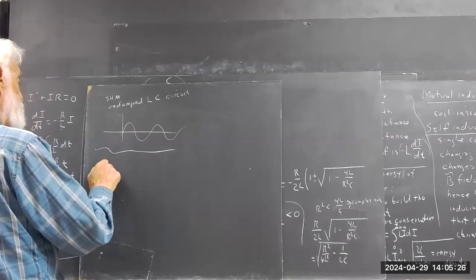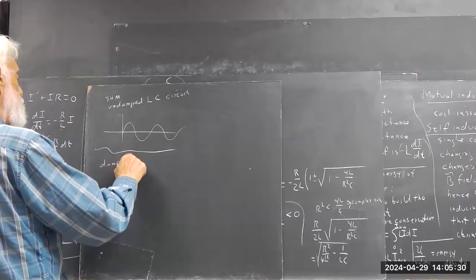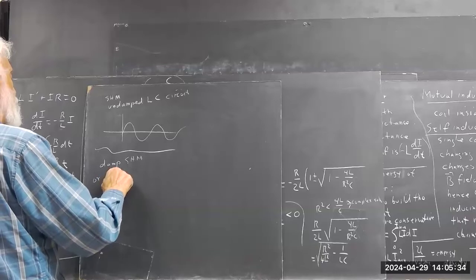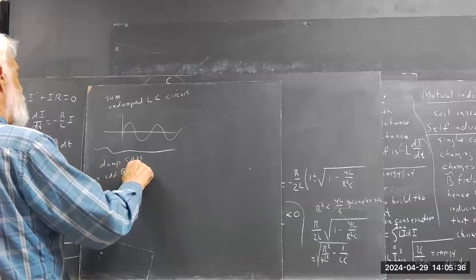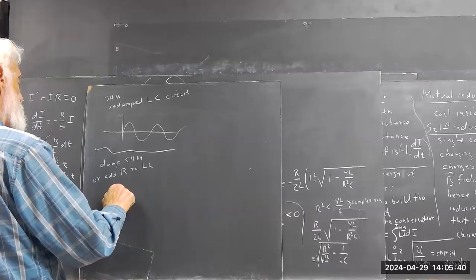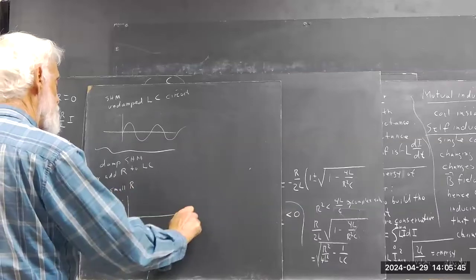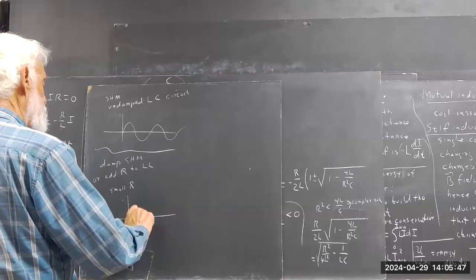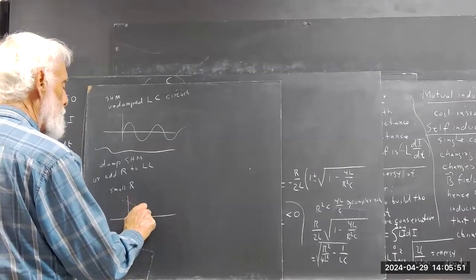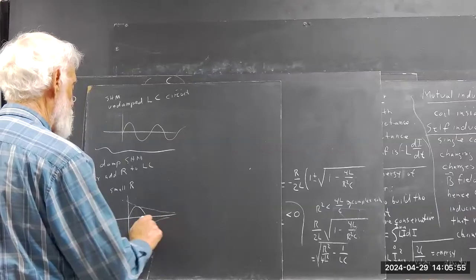Now, damp the simple harmonic motion, or add a resistor to the LC. For small resistance, what's going to happen is you're going to gradually damp out your oscillation.